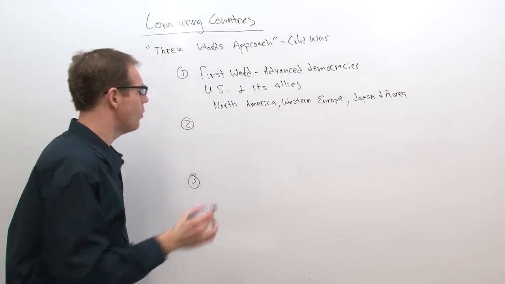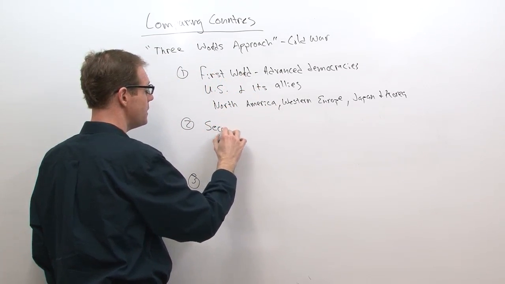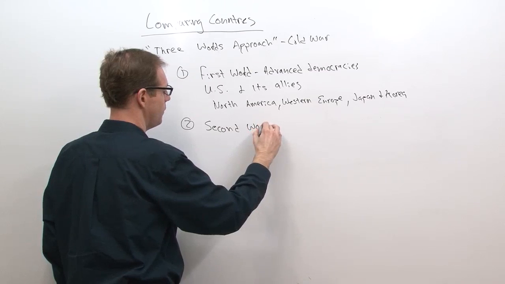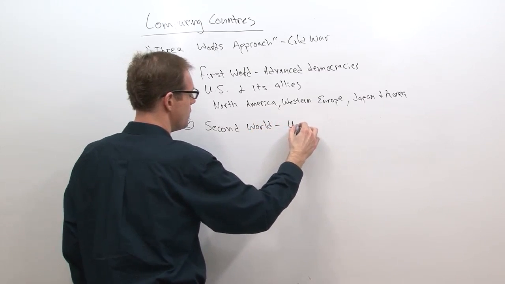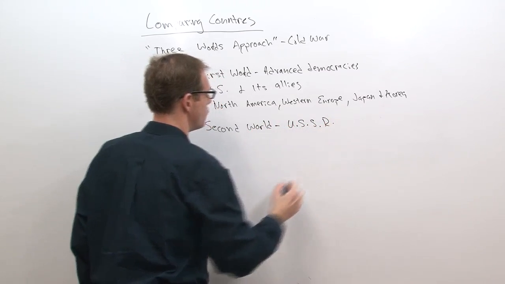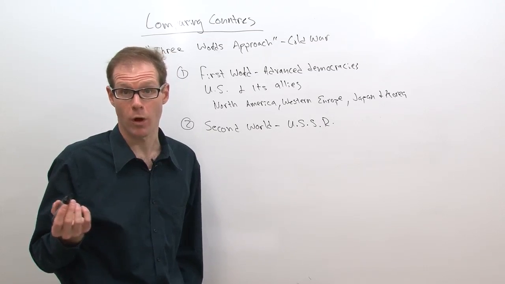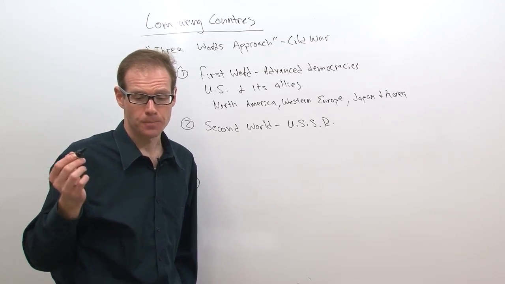The second world, if the first world was the United States and its allies, the second world then would be those countries associated with the Union of Soviet Socialist Republics. So these would be the countries allied with what Russia was then called.